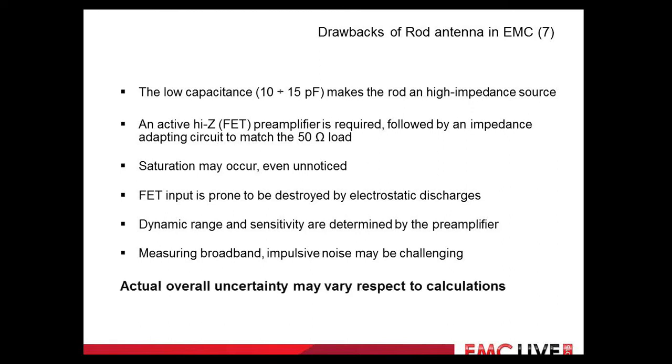In conclusion, the overall uncertainty may vary with respect to calculations, and this is the worst side of the story because, of course, something that can be foreseen can be compensated, but if there is no way to understand in advance what is going to influence the operation of a certain equipment, there is no way to compensate.